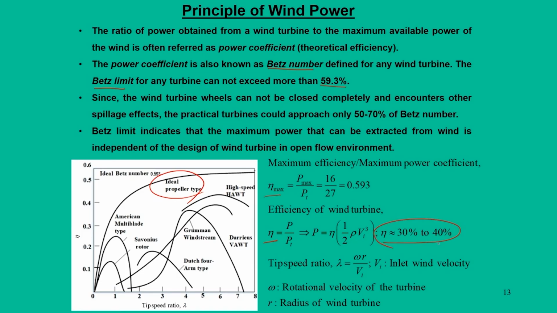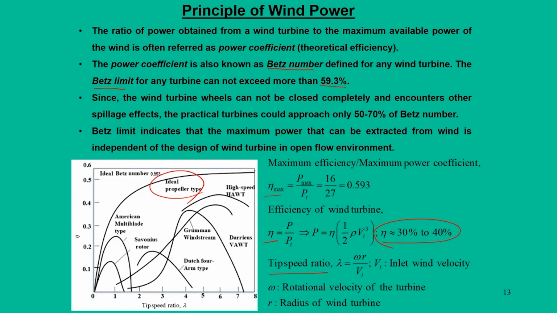We also define another term called the tip speed ratio, lambda = omega times r by Vi. Omega is the rotational velocity of the turbine, and r is the radius of the turbine. If you look at the turbine rotor from the tip, the velocity varies drastically because the structure is huge. So we call this the tip speed ratio.